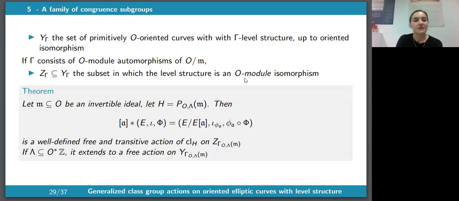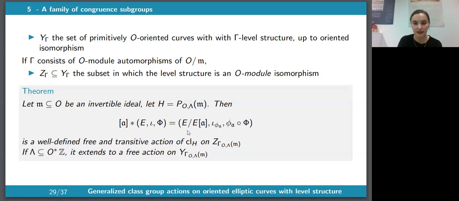All right, so let's state our theorem for our family of generalized subgroups P_{O,lambda}(M). The theorem says that we have a well-defined, free and transitive action of the generalized class group H on the subset Z_{gamma_{0,lambda}(M)}. And the action is defined in a way as we expect.